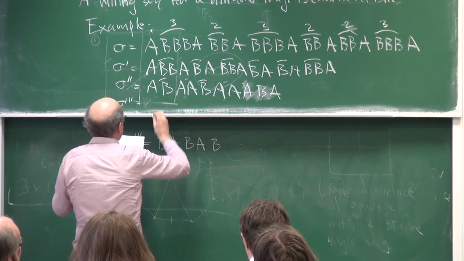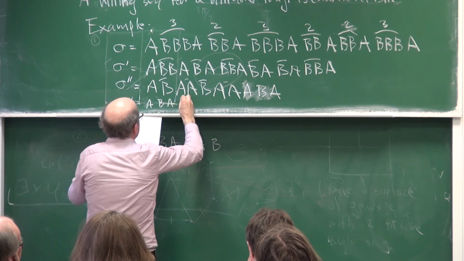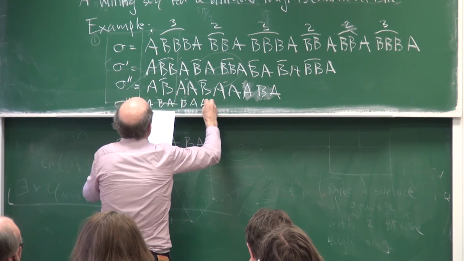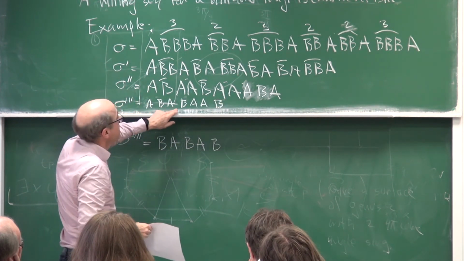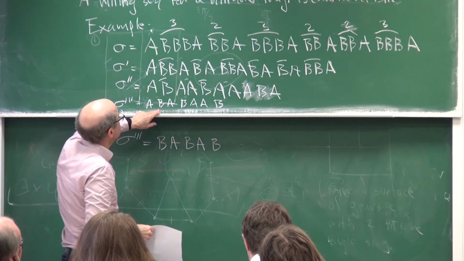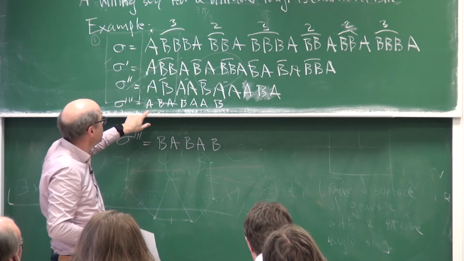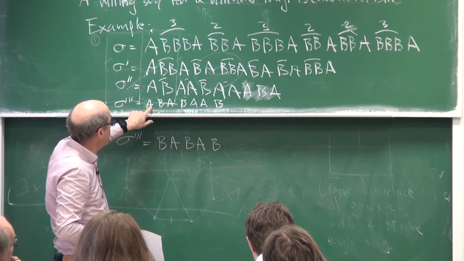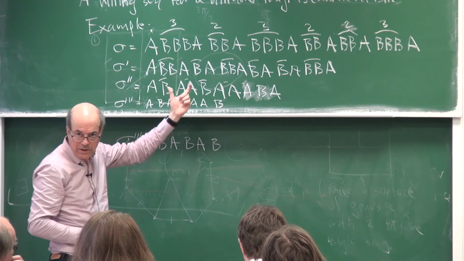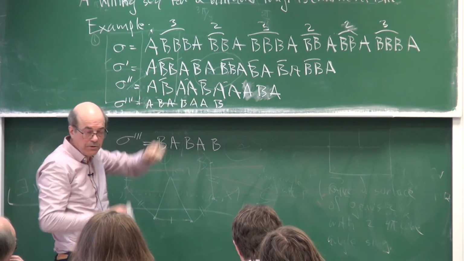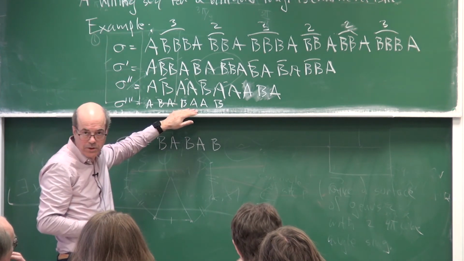Let me just copy down what I've got here: A, B, A, B, A, B. So if we derive 3 times, then we get a sequence of A's and B's that just comes from these numbers, 3's and 2's, right? We've taken each 3 and replaced it by an A and each 2 and replaced it by a B. So somehow the longer scale structure of our sequence is reproduced in this shorter sequence, right?